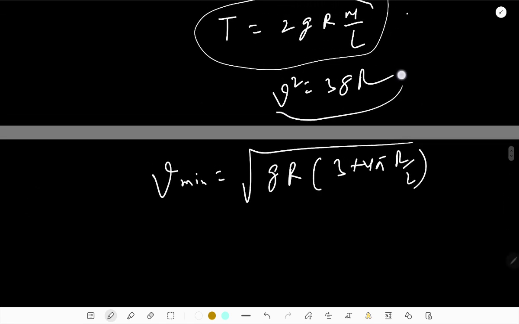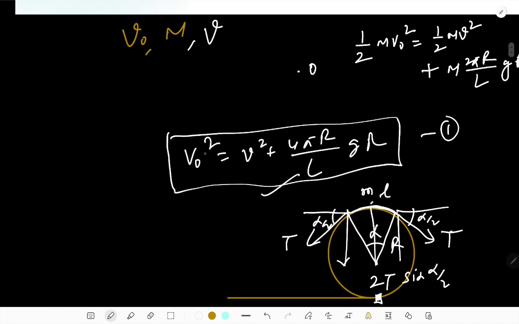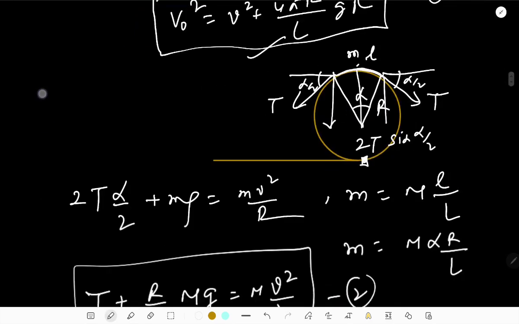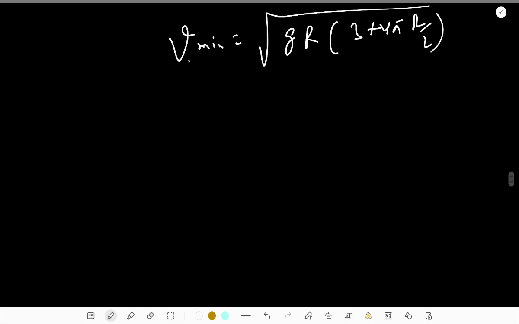We got the value of v square as 3gr, and we got the value minimum velocity v naught equals this, and v naught minimum, I should write like v naught minimum, and this is the problem. That is one of the difficult problems, but I have got it correct.